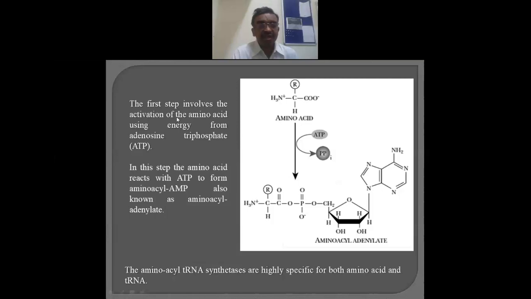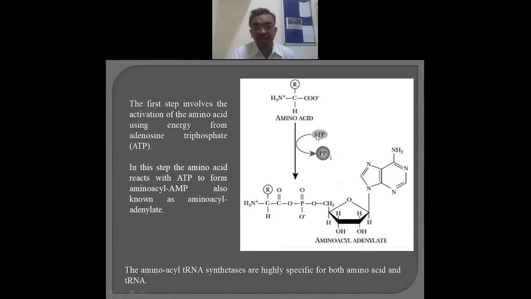This is referred to as the activation of the amino acid. It is a two-step process. In the first step, the amino acid is activated by utilizing energy from ATP. It is an ATP-consuming process: the amino acid reacts with ATP and forms amino acid AMP.